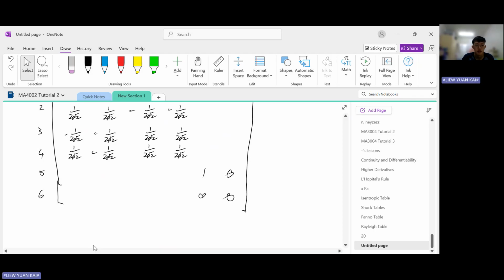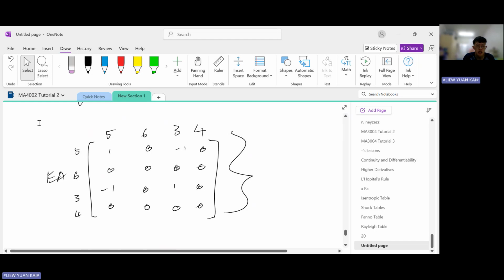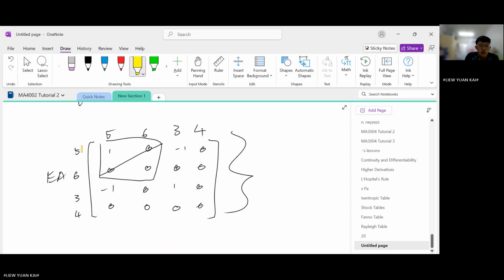Okay, so easy enough. So these entries are done. Okay, now we move on to the other entries. These entries are for row 5, column 3, column 4, right? So let's go to there.